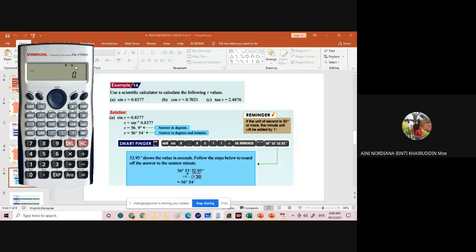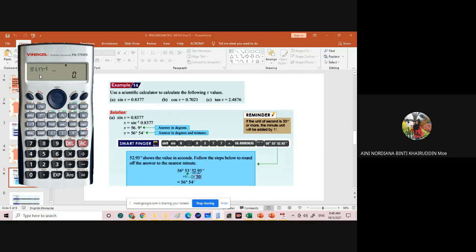Just now my calculator was set to 4 decimal places, so I need to clear the mode first. Okay, so this is sine inverse.